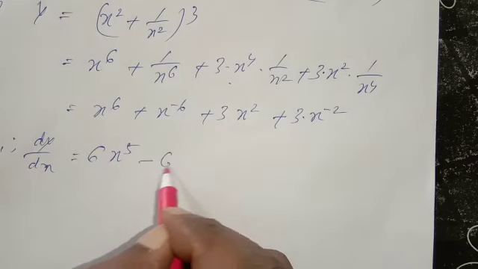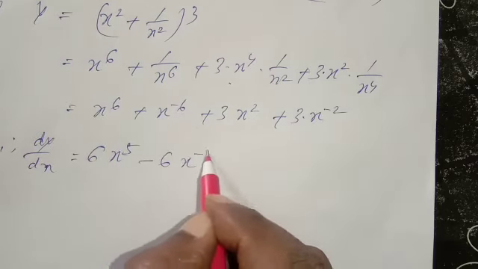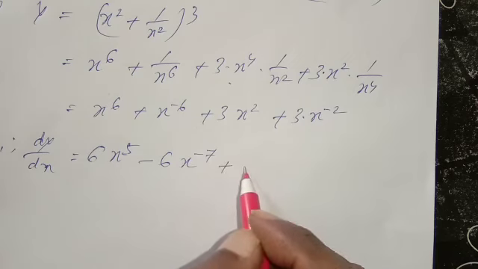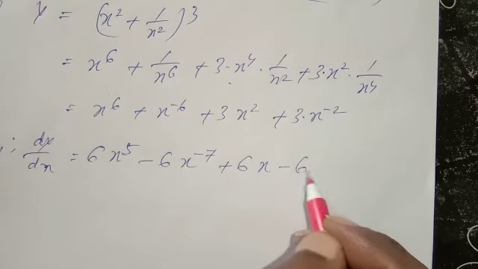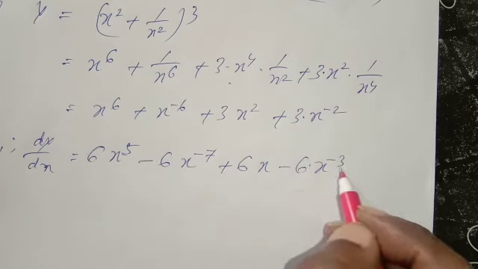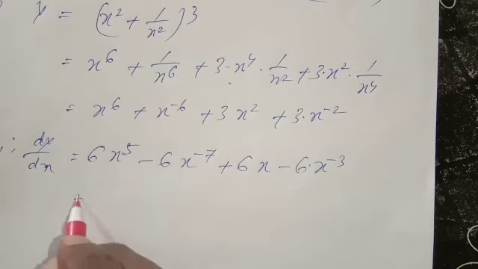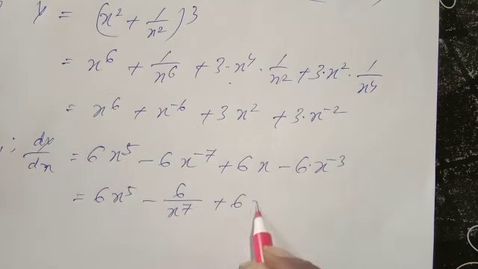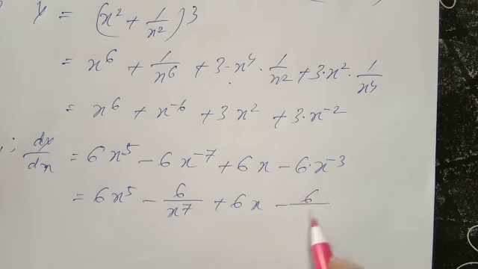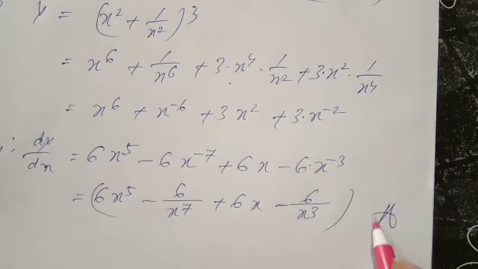Here minus 6 will come outside, x to the power minus 7. 2 will come outside, that means 6x. This will be minus 6 x to the power minus 3. So finally what will we get? 6 x to the power 5 minus 6 by x to the power 7 plus 6x minus 6 by x cube. And this is the answer of number 7, fourth part.